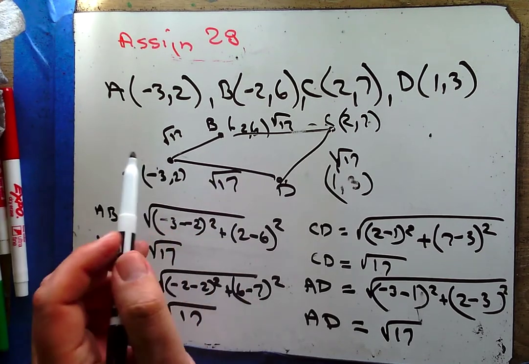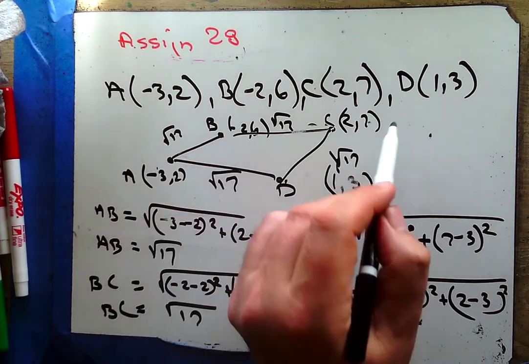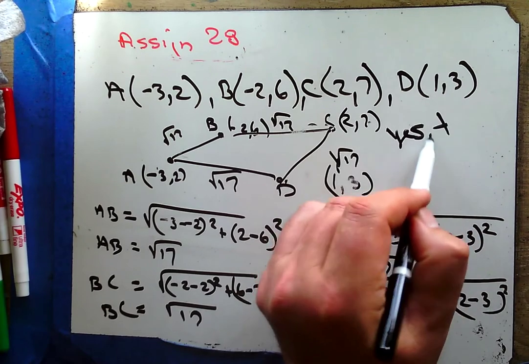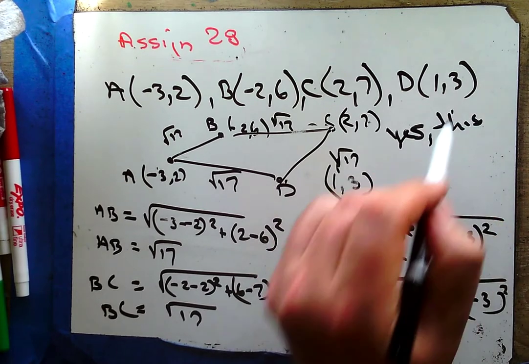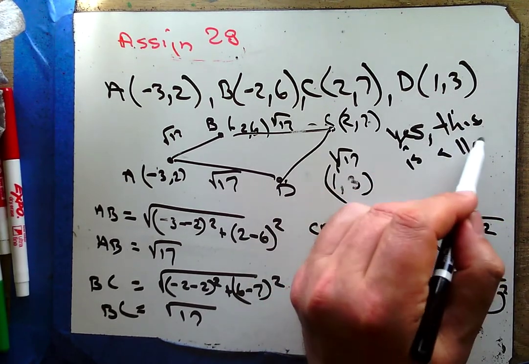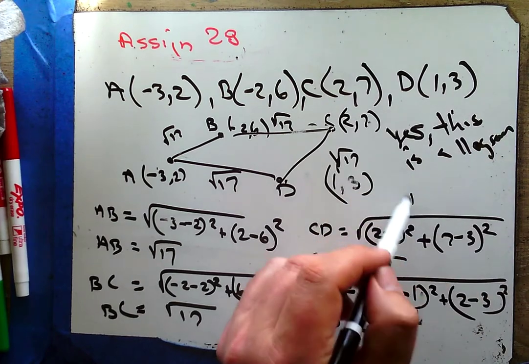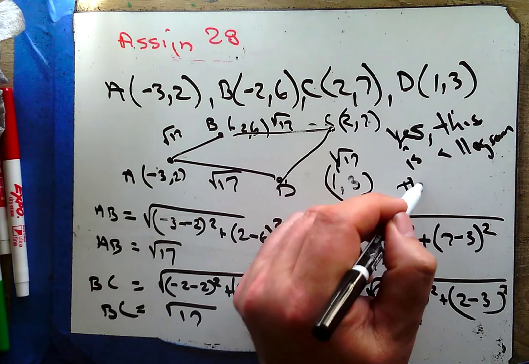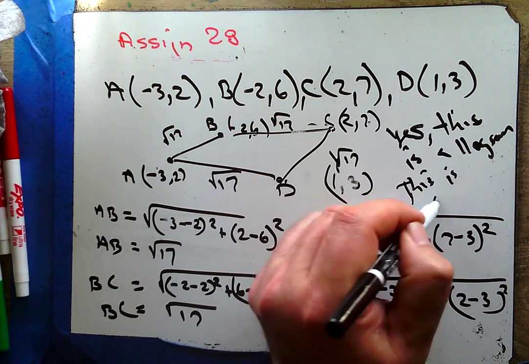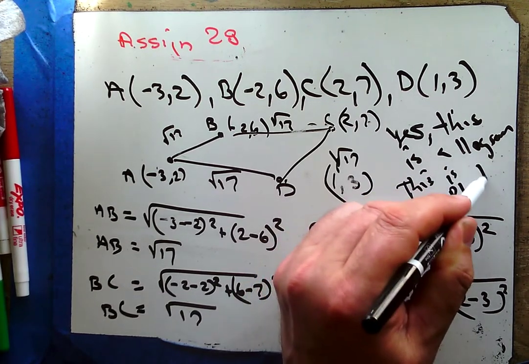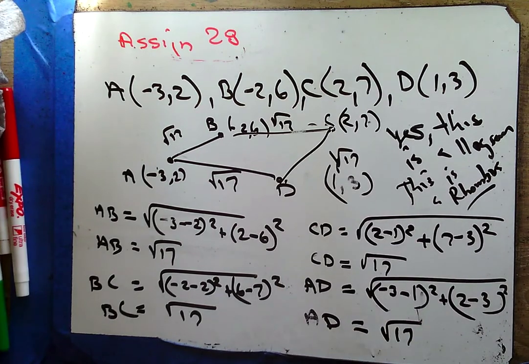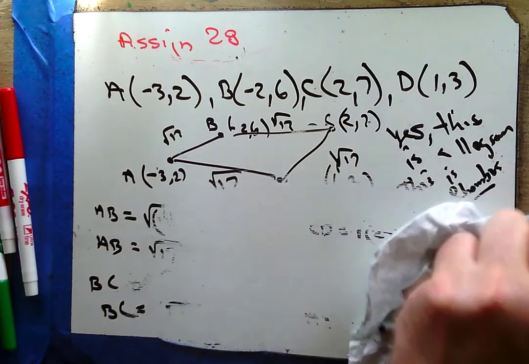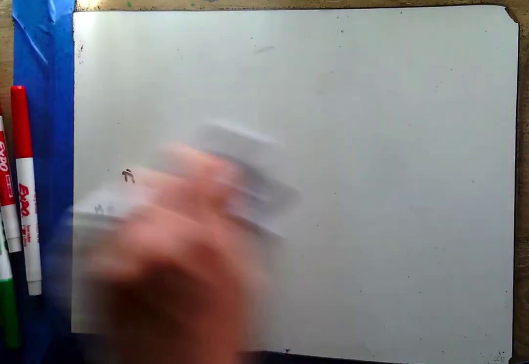All right, well, I know opposite sides are congruent, so yes, this is a parallelogram. But I know also, because all sides are congruent, this is a rhombus. Okay, so what about this one?